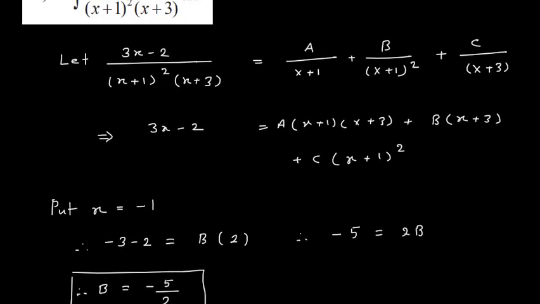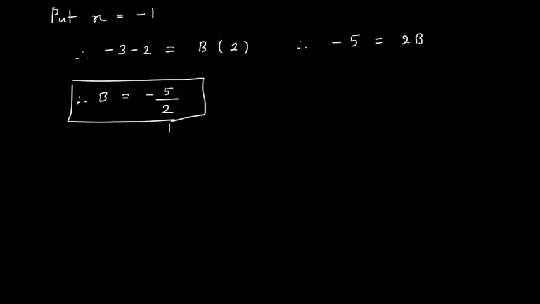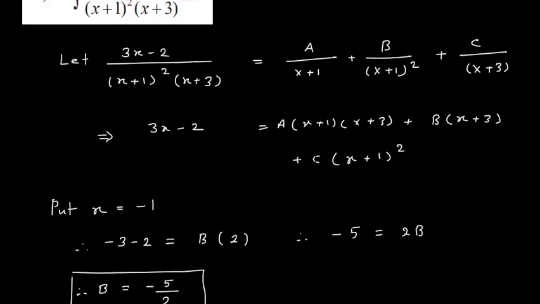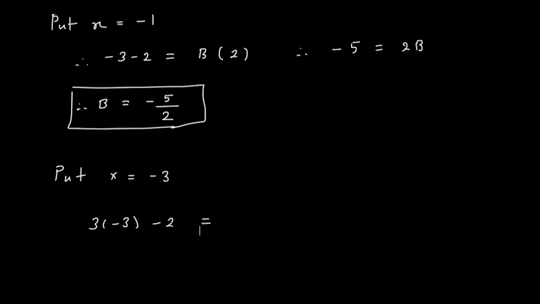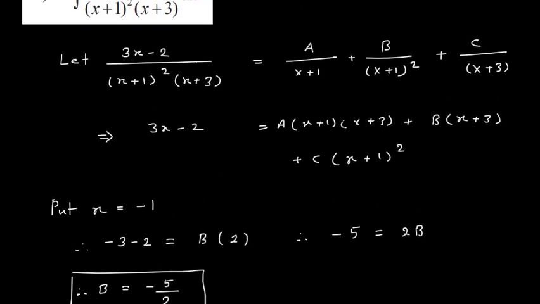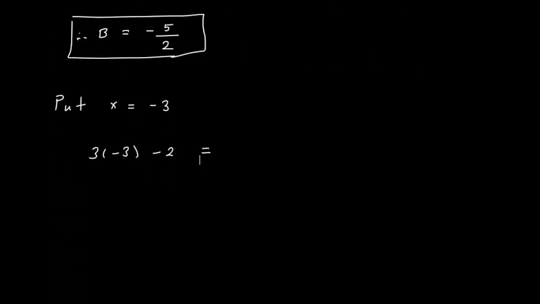Now next I will substitute x is equal to minus 3. So put x is equal to minus 3. It will give you 3 into minus 3 minus 2 is equal to, so when you take x is equal to minus 3, this a term will become 0, b will become 0, c into minus 3 plus 1, so it is c into minus 3 plus 1 the whole square.